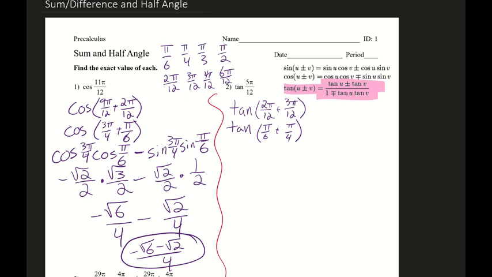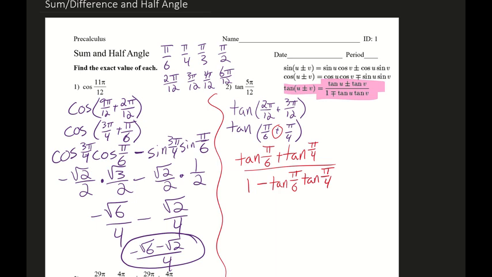So it is the tangent of our first angle plus the tangent of our second angle divided by 1 minus tangent of the first angle, tangent of the second angle. Now, here, this sign is positive. Since tangent is sine divided by cosine, it's the same sign divided by the changed sign.